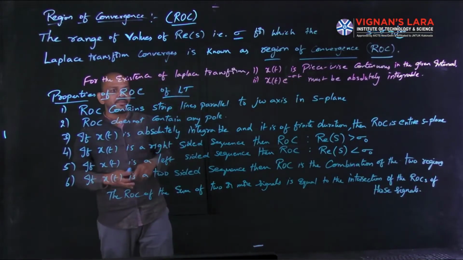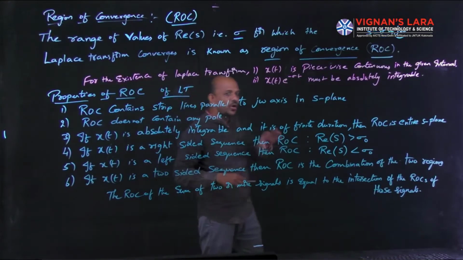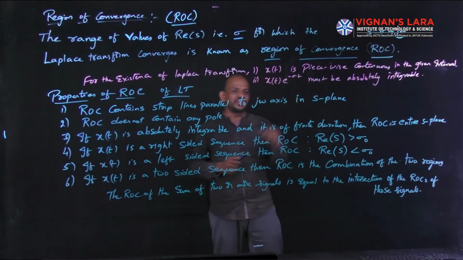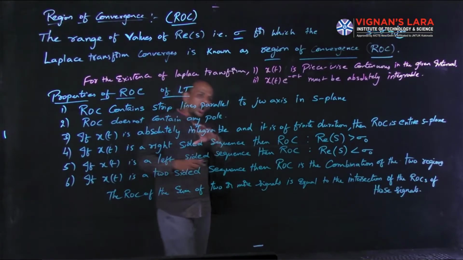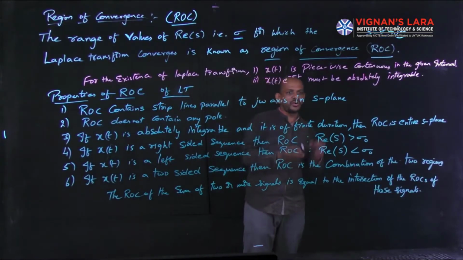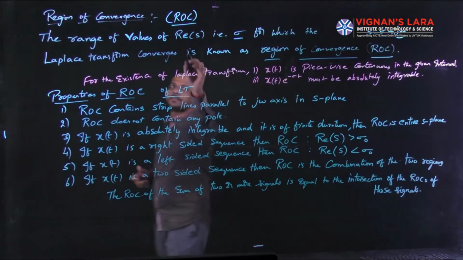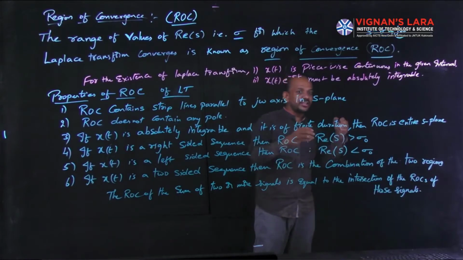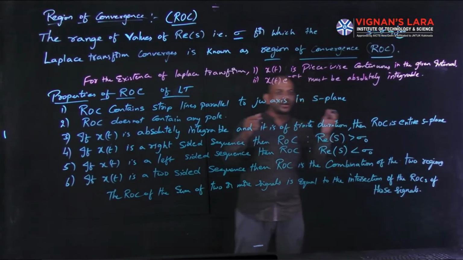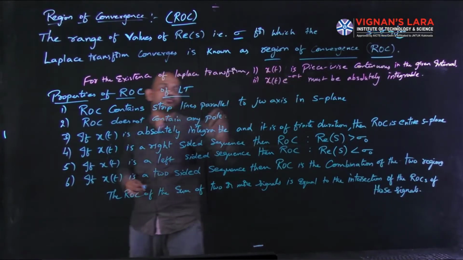Here the Laplace transform does not converge for all values of S in the S plane. It will converge for only some values of the real part of S. For those values for which the Laplace transform converges, that is the region of convergence.